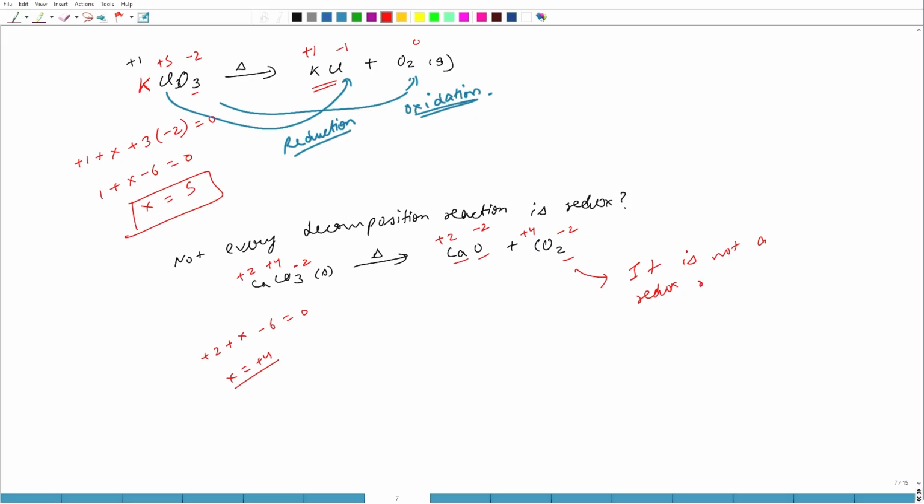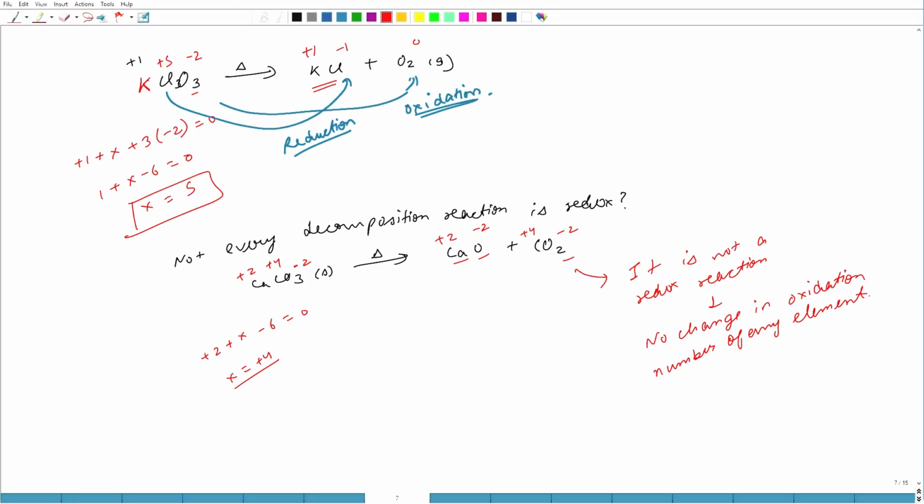And if someone asks why it is not a redox reaction: no change in the oxidation number of any element. It means no element has been reduced or oxidized.